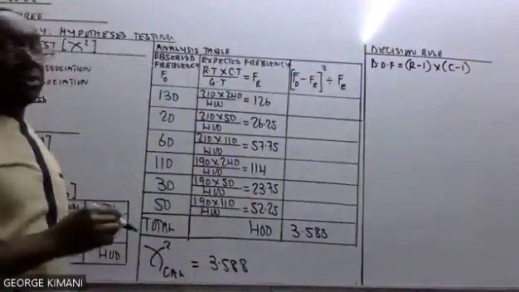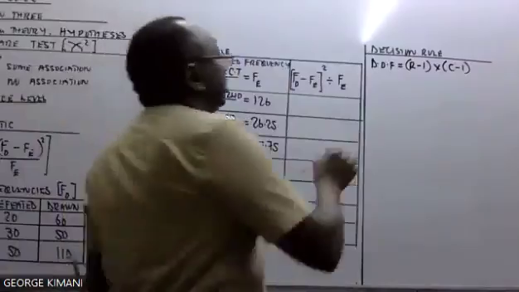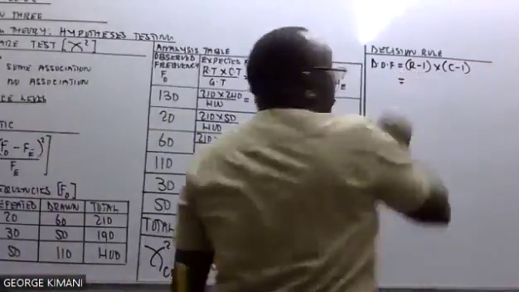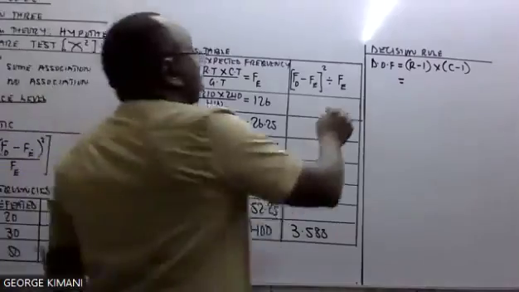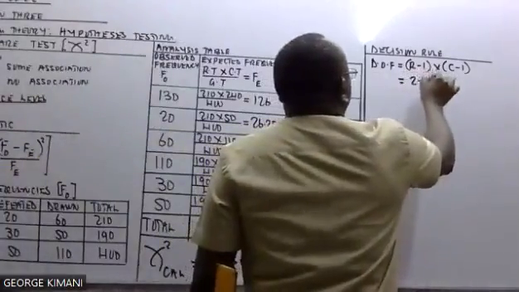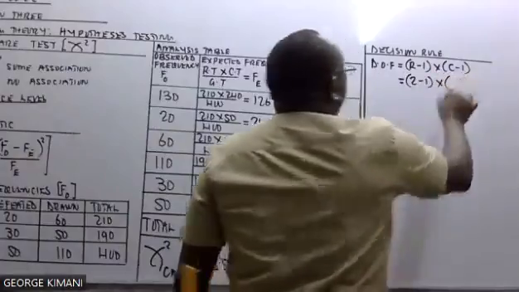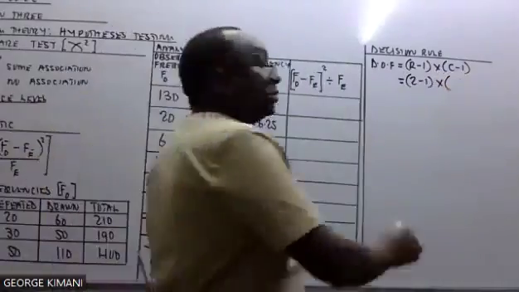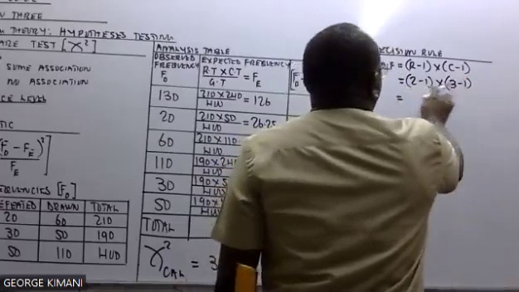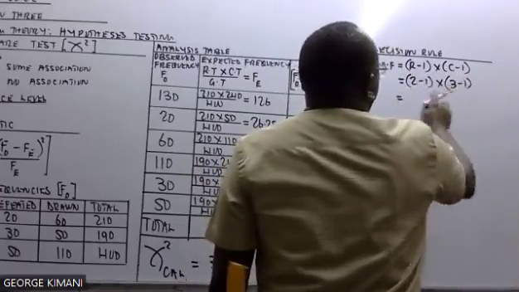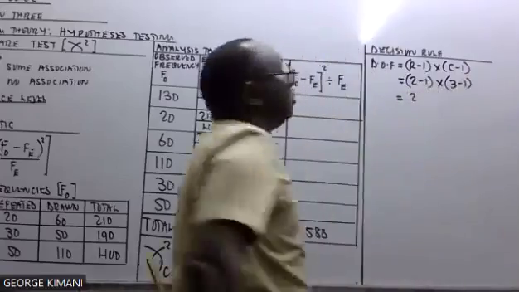The number of rows, you less 1. If you look at our table that we have drawn, it has 2 rows, so 2 minus 1, and it has 3 columns, so 3 minus 1. So this is 1 times 2, so the degrees of freedom are 2.